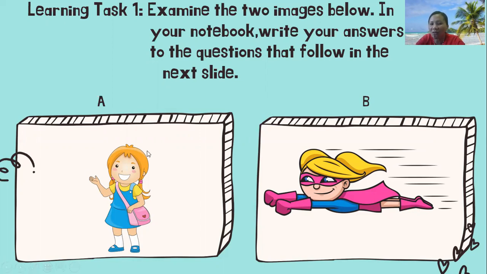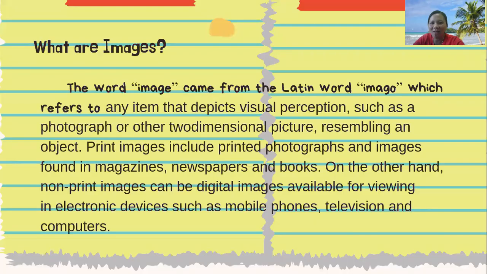Of course, letter A shows the real picture or the physical appearance of a usual girl. But letter B is just a product of imagination because there's no such thing as a superhero girl. And of course, all human beings cannot fly. Instead, we are using a parachute or any device, but no one can fly. Okay, so now let's go.